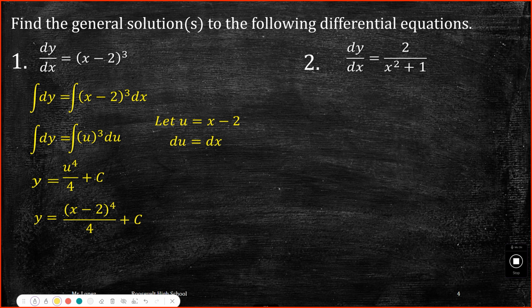All right, let's go to number 2. You should already know the first step in this one. Move the dx over. So this is dy equals 2 over x squared plus 1 dx. I'm already doing the integral for both.